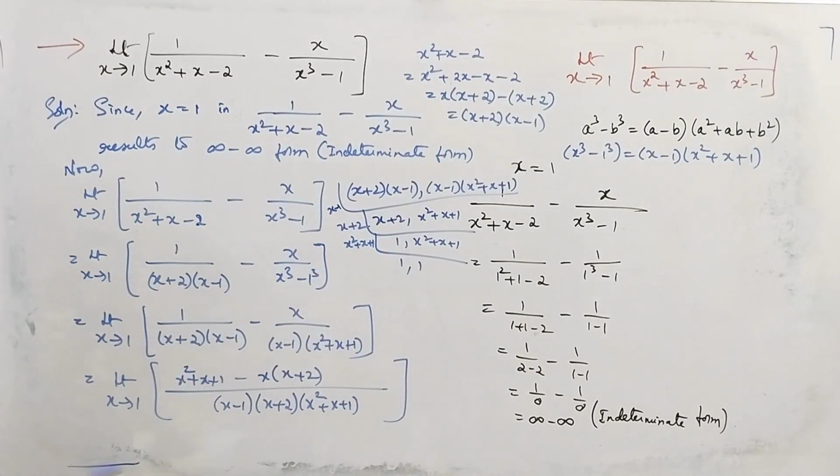I'll get the same thing, (x minus 1) into (x plus 2) into (x square plus x plus 1). Now simplify this.